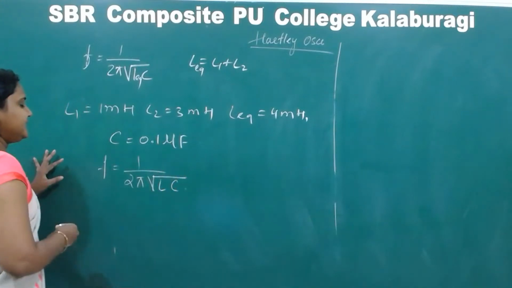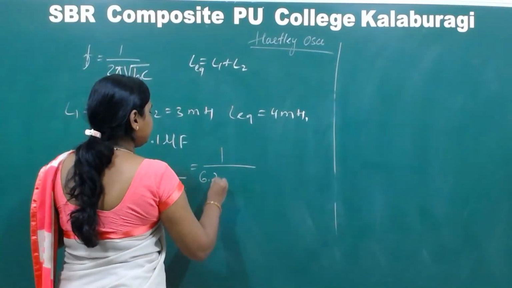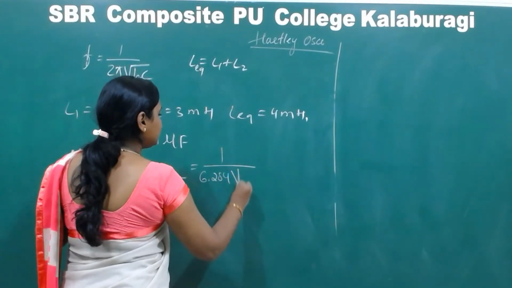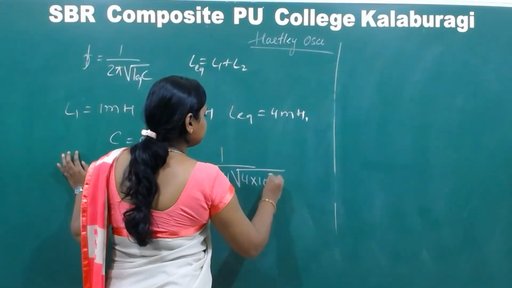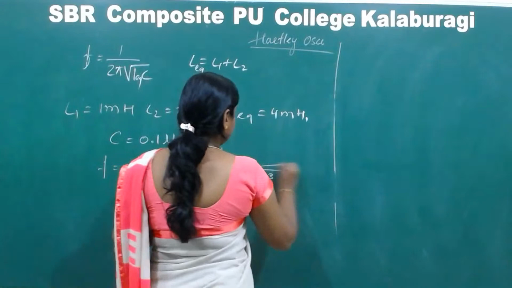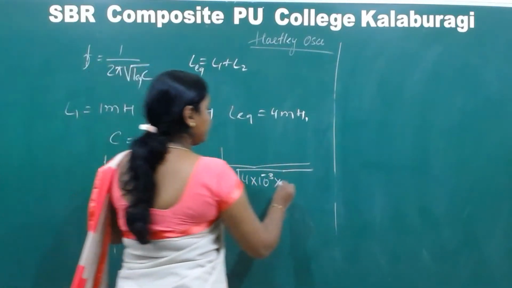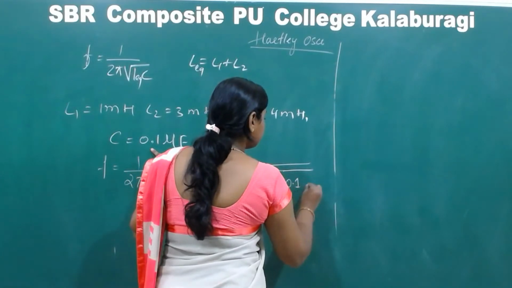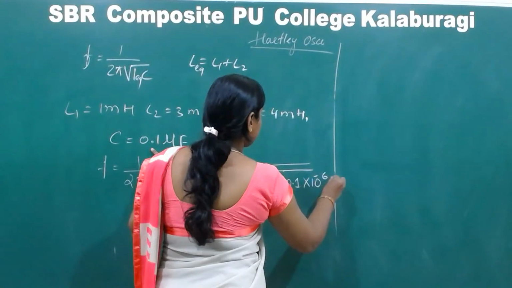We have already calculated L equivalent. So 1 divided by 6.284 into under root 4 into 10 to the power of minus 3 into 0.1 micro. Micro means 10 to the power of minus 6.